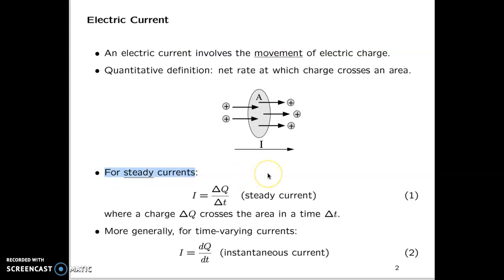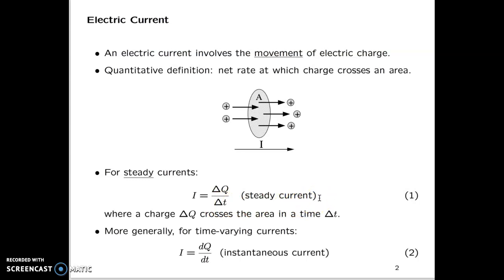A steady current just means that it doesn't matter when you do this measurement, counting the charge per unit time, it will always be the same. So you do it now, or 10 seconds from now, or an hour from now, and if you wait 1 second and count the charge that crosses through that surface, it'll still be the same amount of charge over that time interval. So that's a so-called steady current.